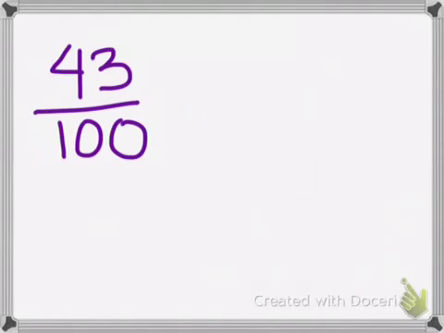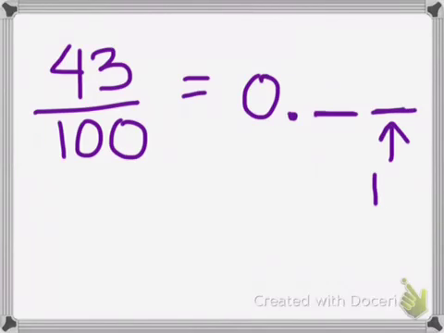So if I'm looking at 43 hundredths, I know that my decimal has to go out 2 places after the decimal, because this is the hundredths place. So 43 over 100 would be written like this as a decimal, 43 hundredths.